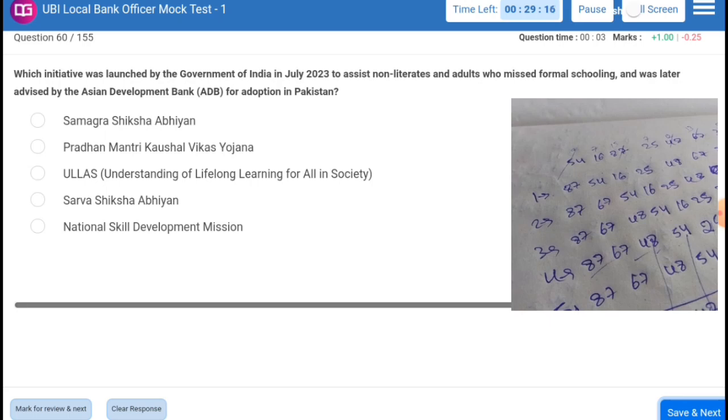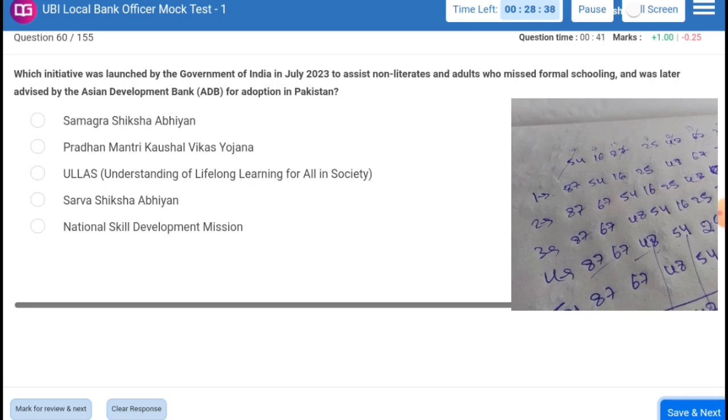Which initiative was launched by the Government of India in July 2023 to assist non-literates and adults who missed formal schooling and was later advised by the ADB for adoption in Pakistan?